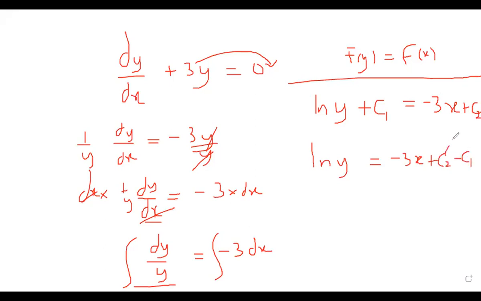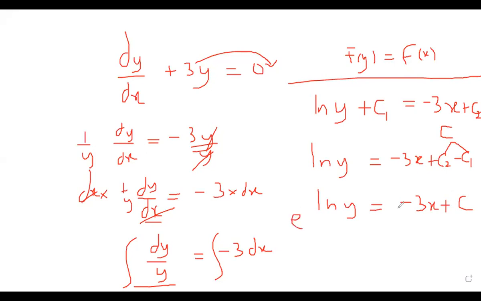But like I said, a constant minus a constant will still give you a constant. So this should give us ln y is equal to negative 3x plus a constant c.